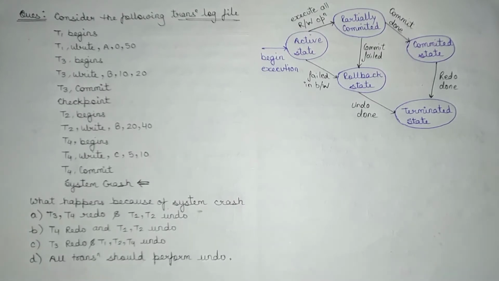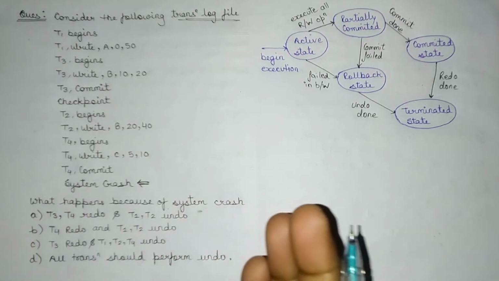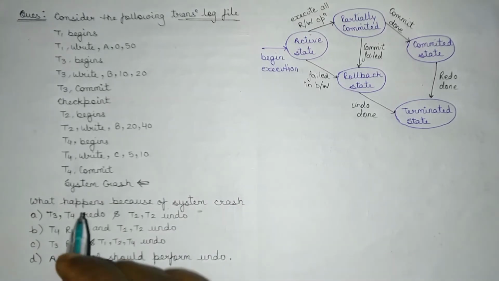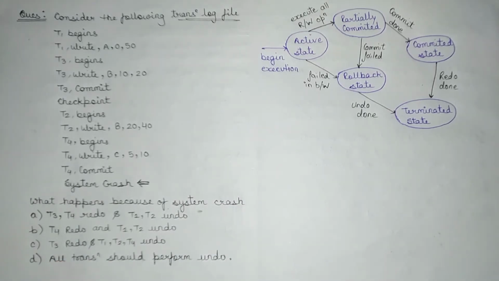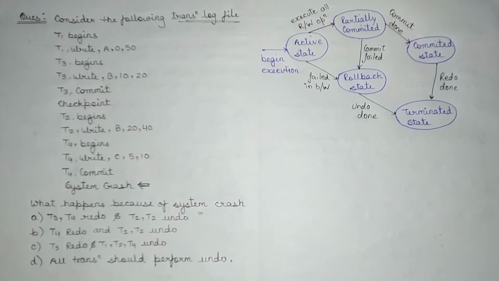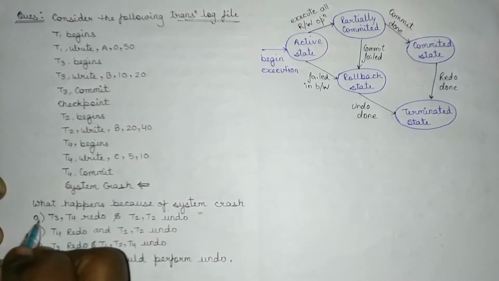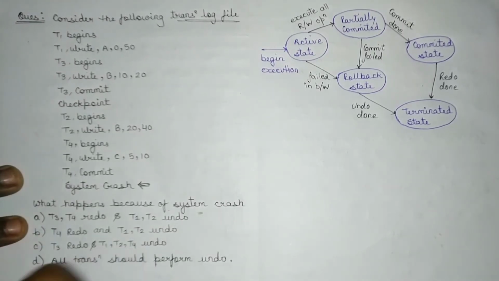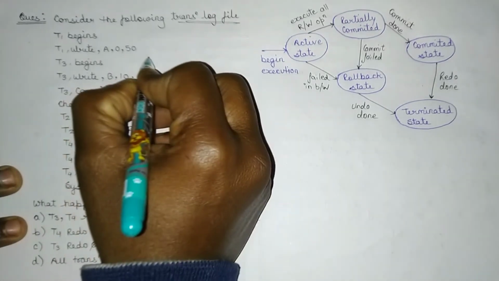I will be using a policy of eliminating options. So I will be going through the options and checking whether they are right or wrong. In the first, they are saying that T3 and T4 will perform redo.